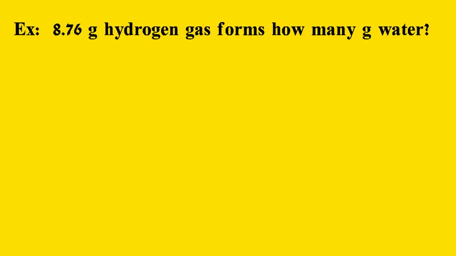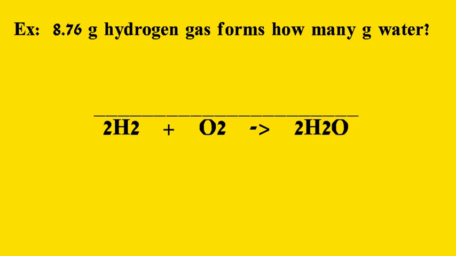So let's do it. 8.76 grams hydrogen forms how many grams of water? Skip a couple of lines, write the balanced equation, put on the hat, write grams, and then moles underneath it. So the moles is resting on the brim. Enter your data in the appropriate area, 8.76 grams.